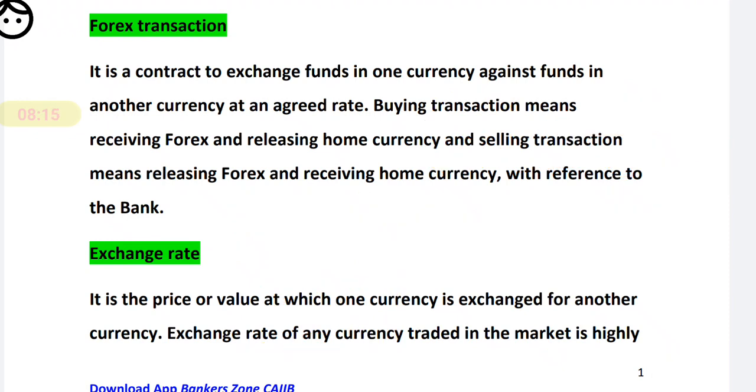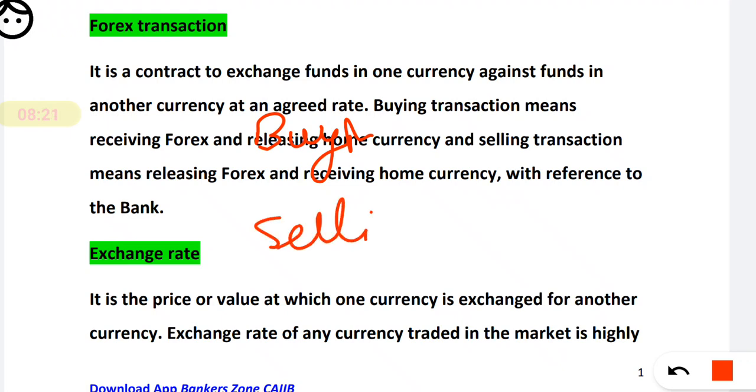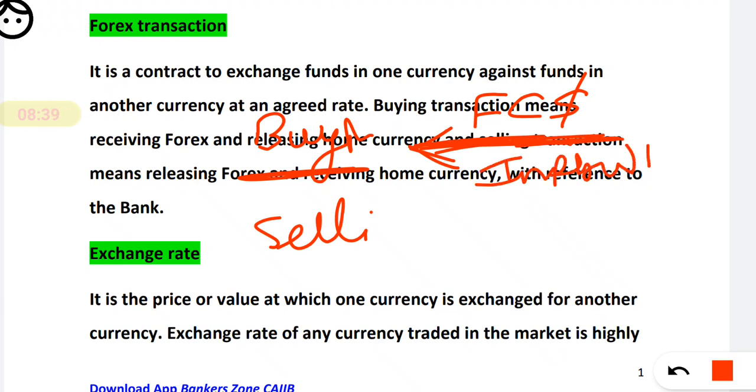In the same way, what is buying and what is selling? When you buy something, the thing you buy will come to you. Here we are dealing with foreign currency, say dollars. If you buy foreign currency, it will come to you. That means an inflow of the foreign currency.